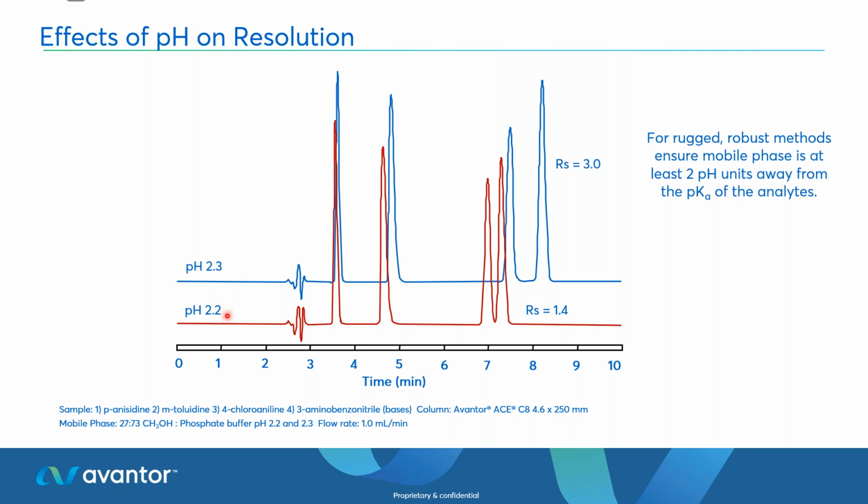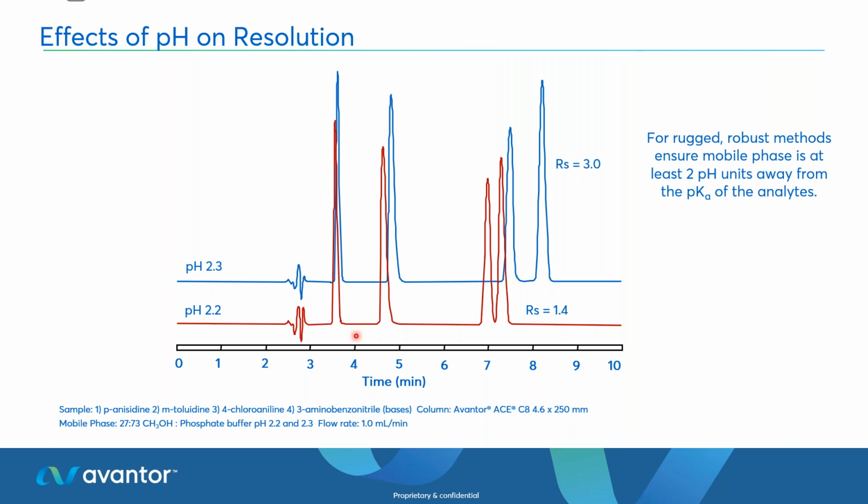What's the accuracy? Could that first one be pH 2.25, and then the next person makes it up and it's 2.20 or 2.19? So very small changes in the buffer in this case have led to massive changes in resolution for these later eluting peaks.